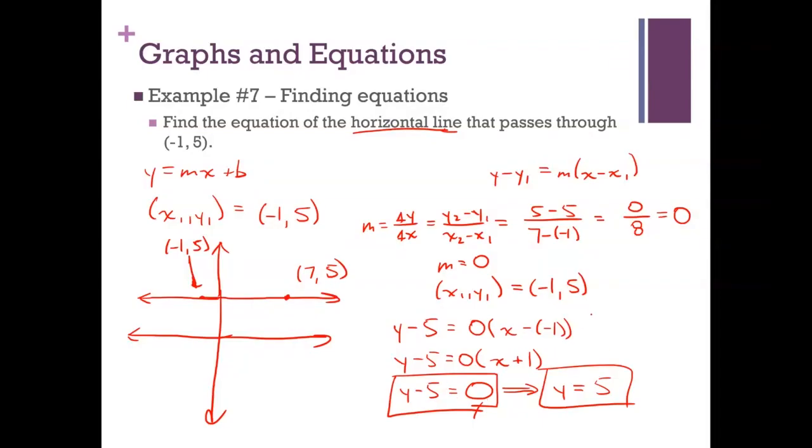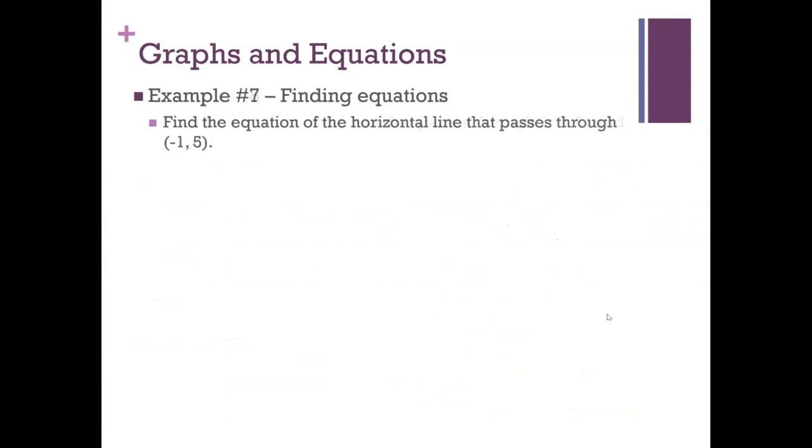We started from point slope form, but by the end, I think this is more of the slope intercept form because we actually got y by itself. We isolated y. Any other questions about this? All right, moving on.